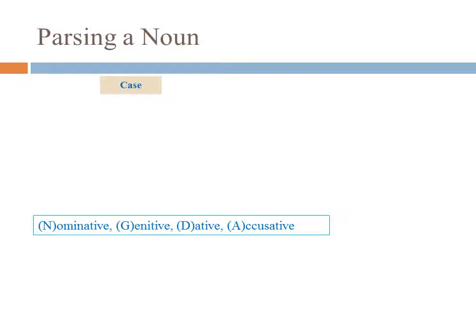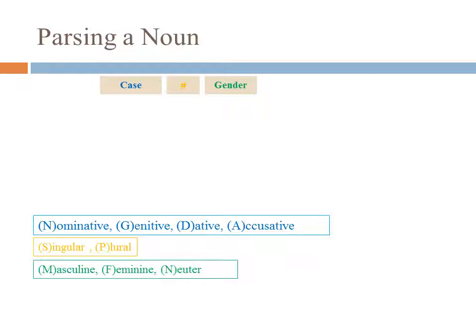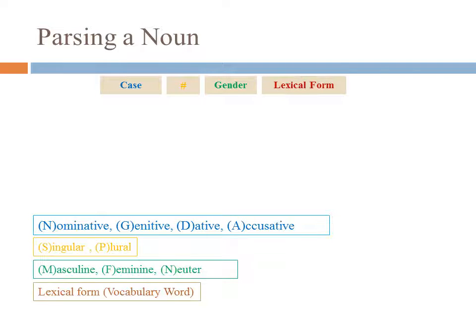Now, the categories are going to be broken up by case, and remember, the cases are nominative, genitive, dative, and accusative, and within the parsing, putting the first letter is sufficient. We have number, singular or plural. We have gender, masculine, feminine, or neuter.